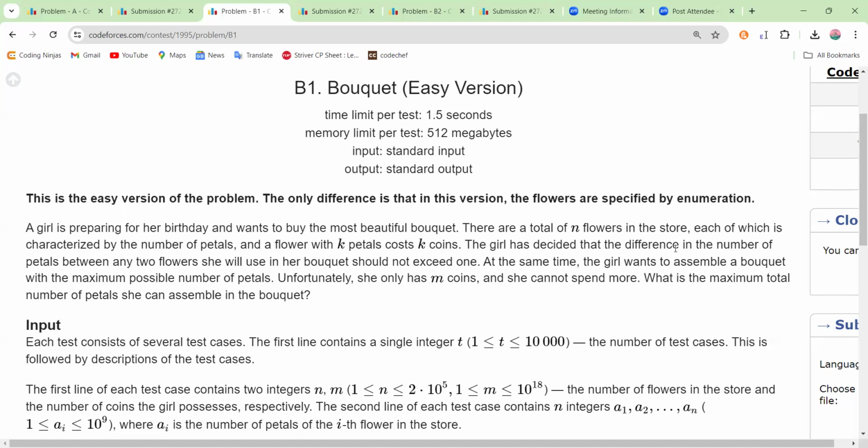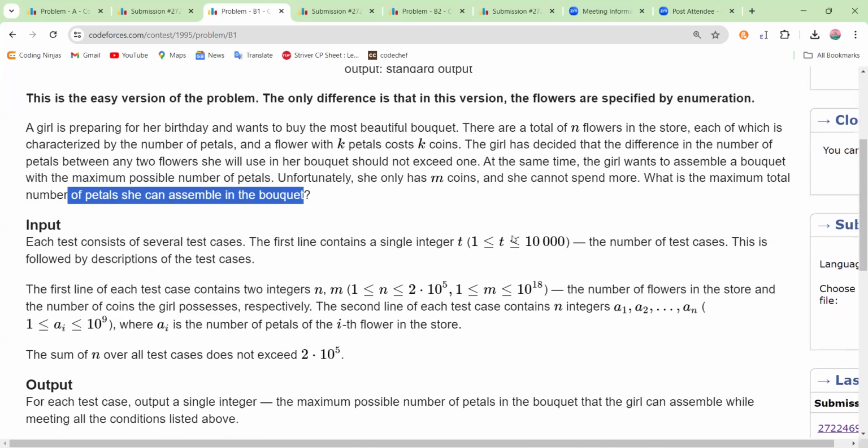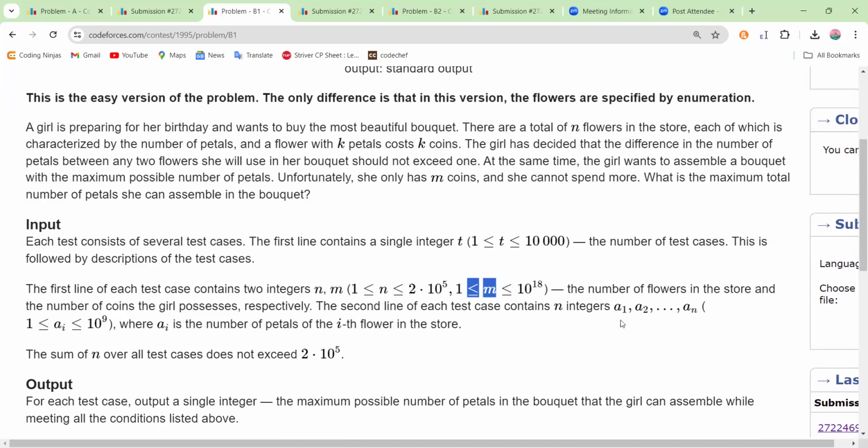The girl has decided that the difference in the number of petals between any two flowers she uses in her bouquet should not exceed 1. At the same time, she wants to assemble a bouquet with the maximum possible number of petals. Unfortunately, she only has m coins and can't spend more. What is the maximum total number of petals she can assemble in a bouquet? You are given T, N, M, and then A1, A2 up to AN.